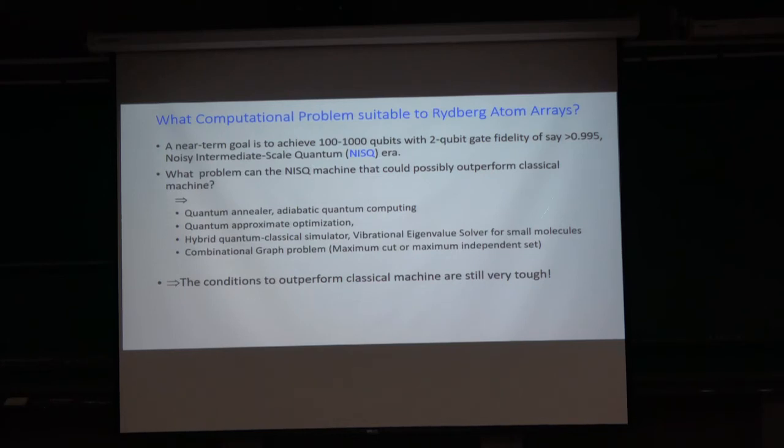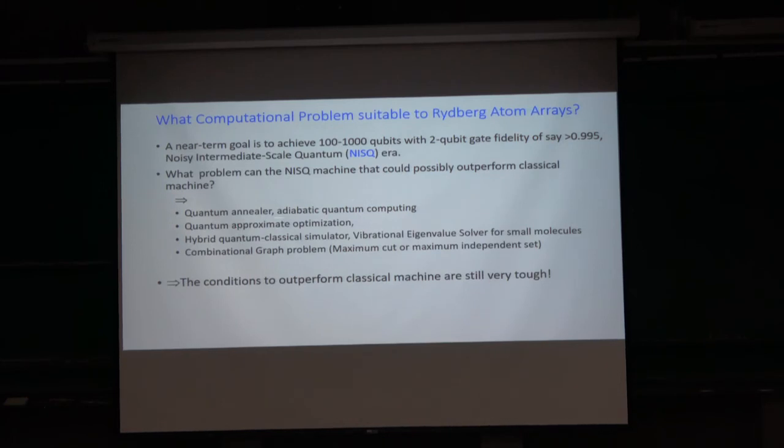And people are asking, okay, there is still a long way to go for error correction, the real universal quantum computing. But with this kind of machine, what can we do? We cannot outperform a classical machine with this kind of quantum device.